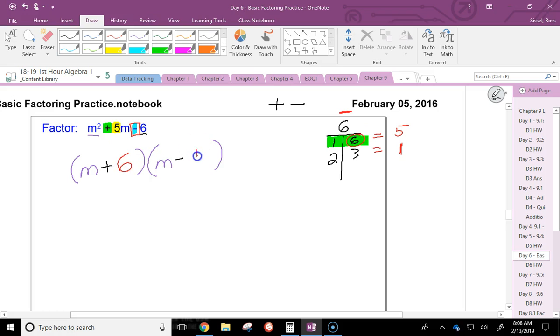I will make 1 my negative factor. That way, when we distribute it through, we would have m squared plus 6m minus m minus 6. And right there is where I have a positive 6m minus an m, which would leave us just with 5m.